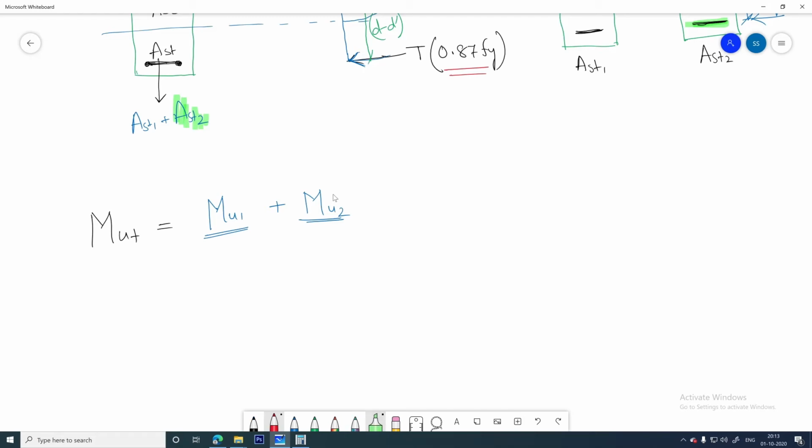What is this? Look, I am writing here M suffix UT, that means the total moment due to steel failure.